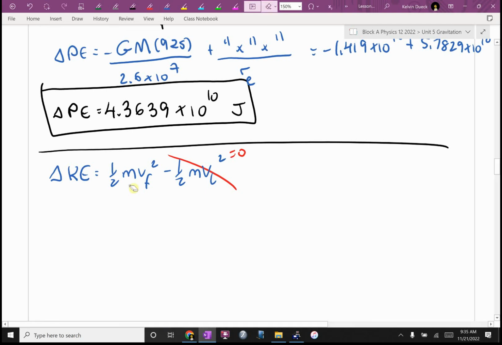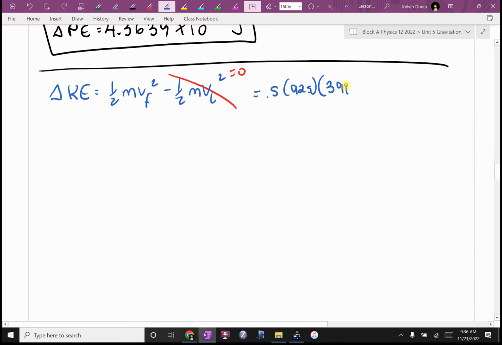Do I know little m? Do I know orbital speed? Then it's just plug and chug. 0.5 times 925. What was the orbital speed? 3917. Don't forget the squared. Usually you'll find your orbital speed is 1 power of 10 smaller than the potential energy, the work.